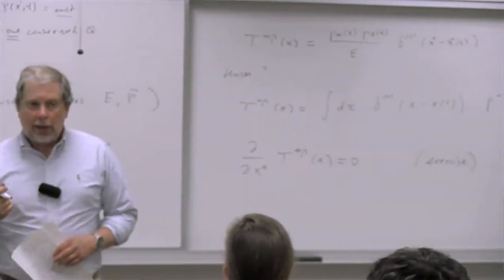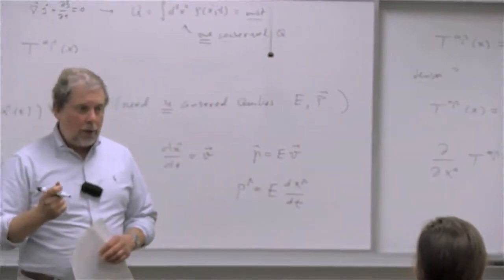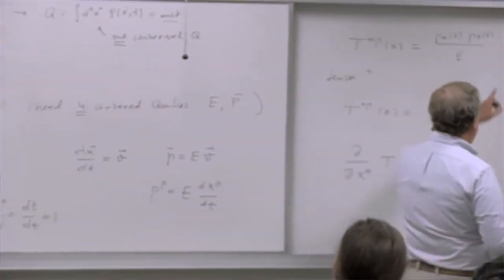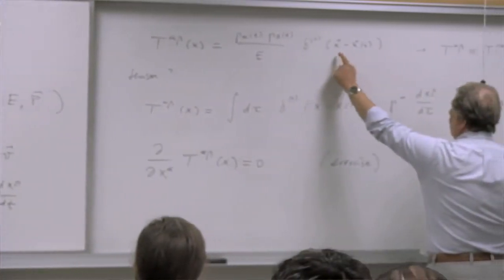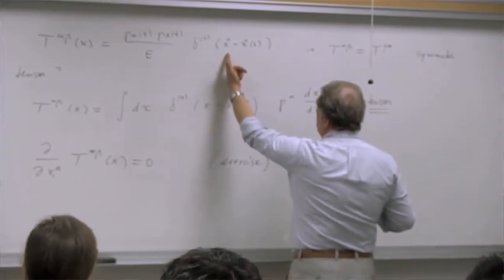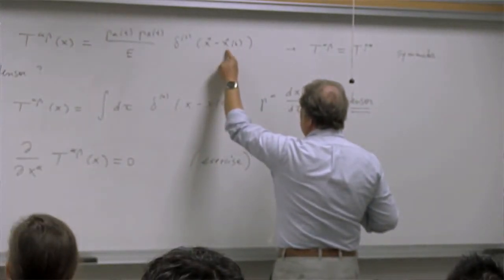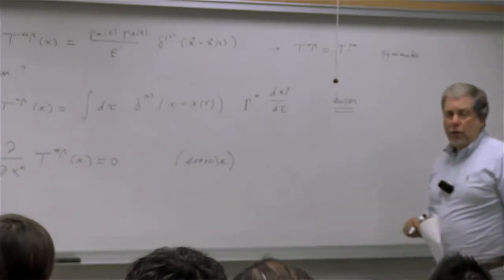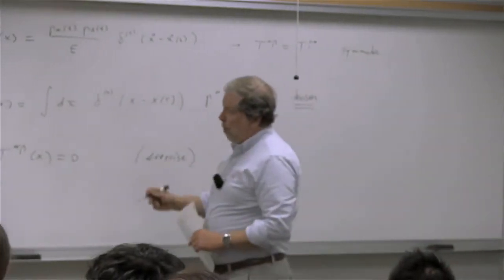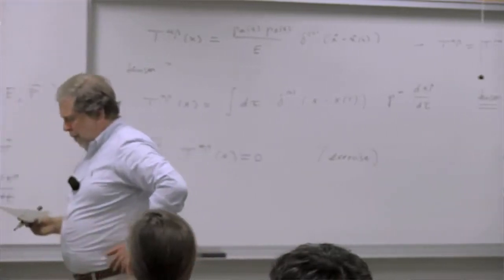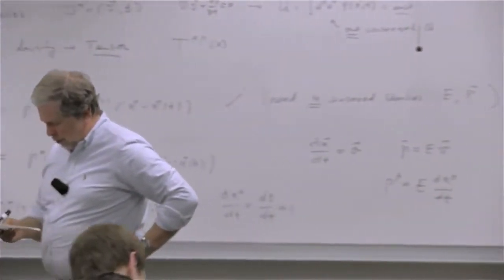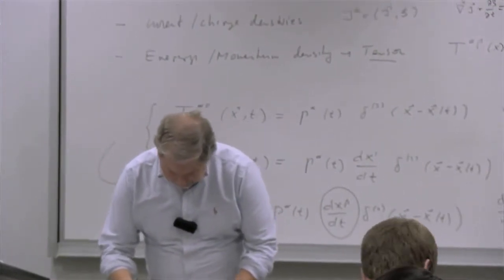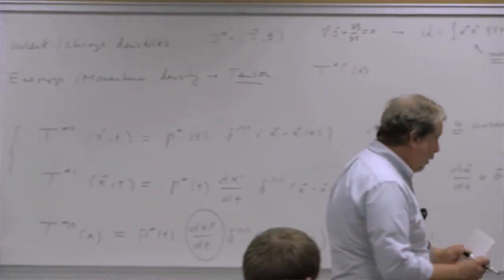That is, you look at the spatial components, the I components, and you take the derivative with respect to this delta function. So you get a gradient with respect to this x, which you can write as minus a gradient with respect to the trajectory, right? And then if you do that, you end up with the naught component of the energy momentum tensor, and so this is conserved.